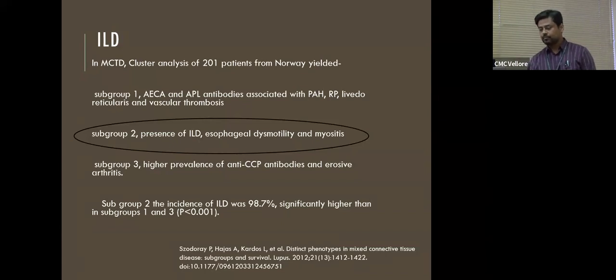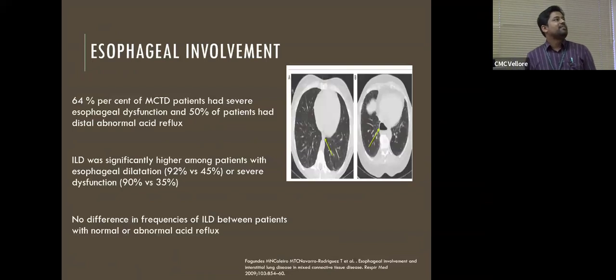Regarding esophageal involvement, systemic sclerosis as such has a lot of it, almost 85 to 90% have esophageal dysmotility. Similar to that, in MCTD, a little less though, 64% of patients have been described to have esophageal dysfunction, with almost 50% of them having abnormal acid reflux.